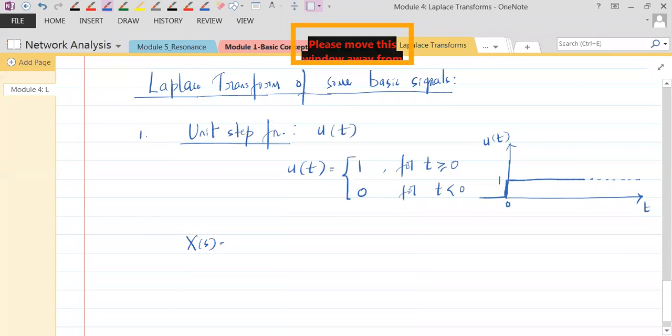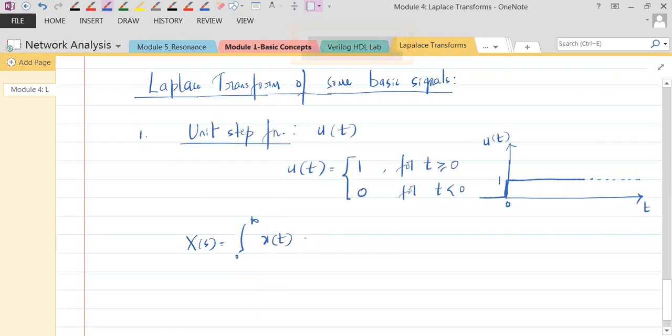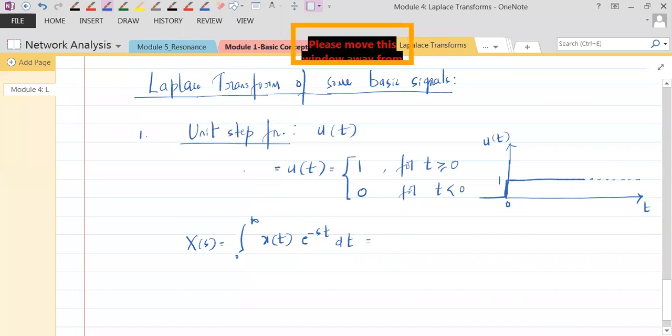X of s is the integral from 0 to infinity of x of t into e power minus st dt. In place of x of t, we can have u of t. So it is the integral from 0 to infinity of u of t e power minus st dt, isn't it?